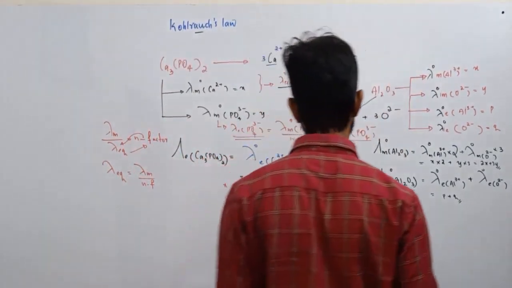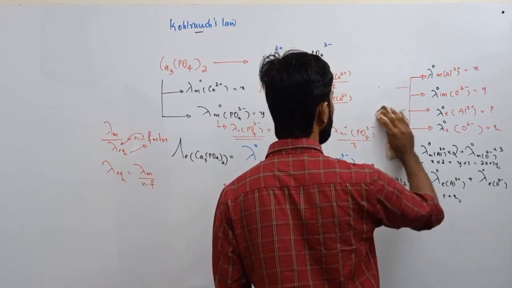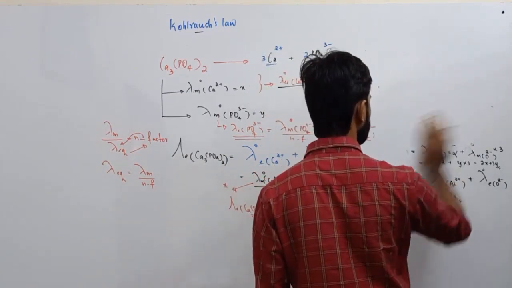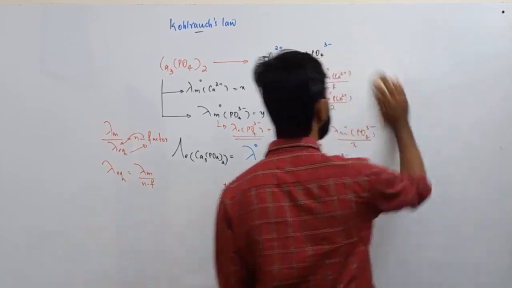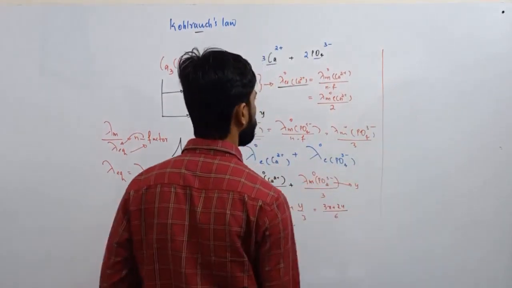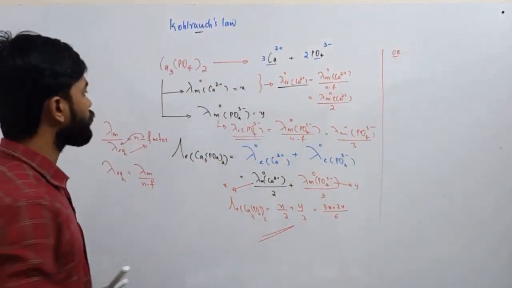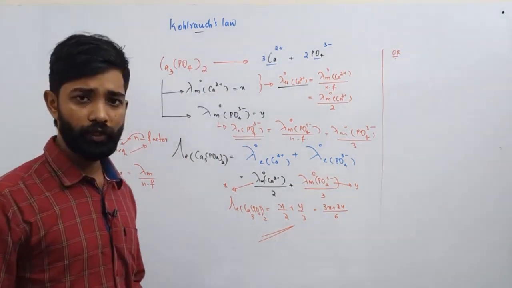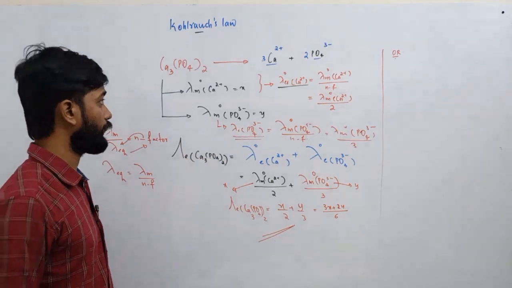Is it okay for you? Or we can do another method. What is that method? Listen here. The values given are limiting molar conductivity, right? But you are asked to find limiting equivalent conductivity.